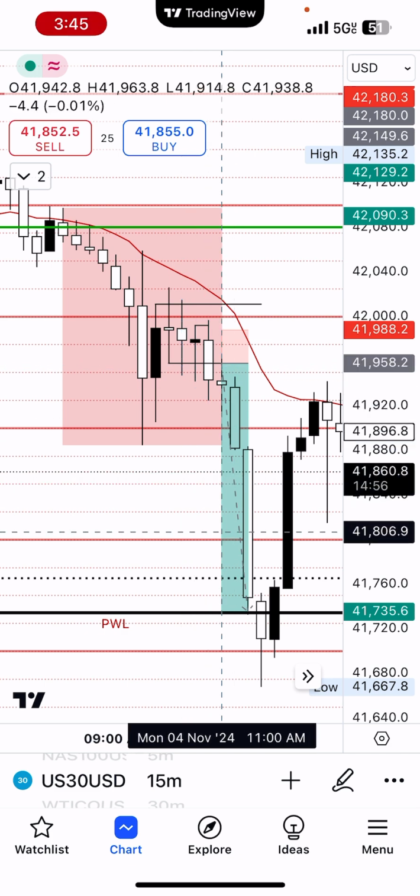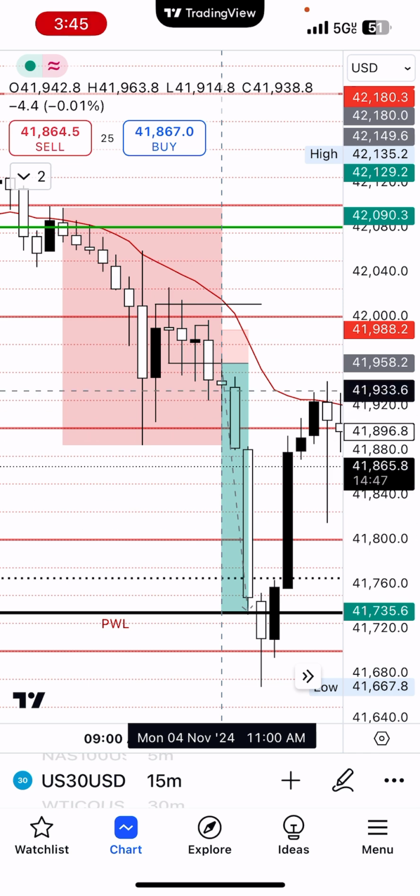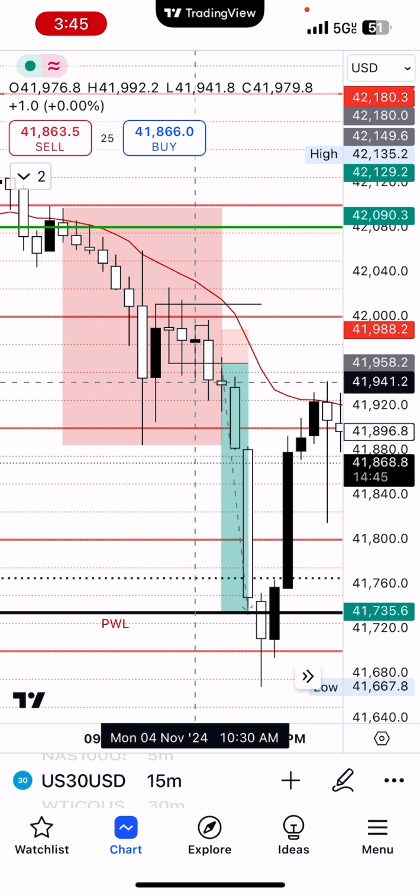So I feel like that was the move, in the sense of entry-wise and having a better stop loss, waiting for the break on the 5 minute or the 15 minute or both.